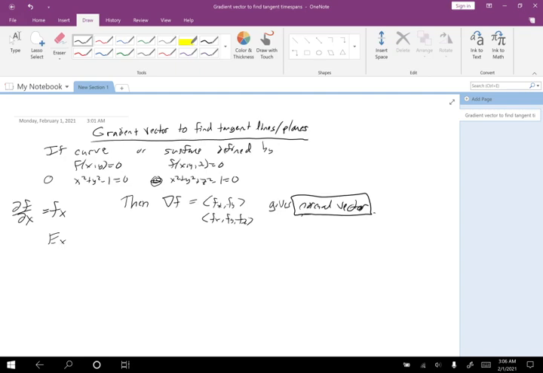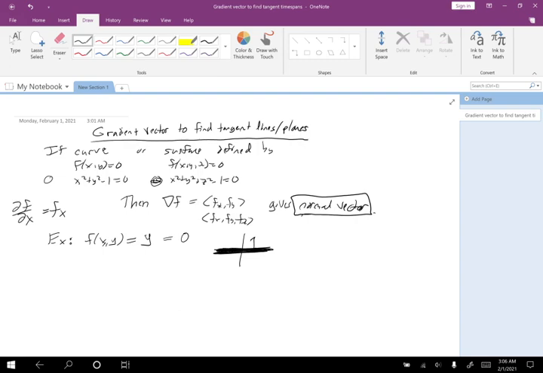So if f of x, y equals y, and we take the level curve y equals 0, then if we just draw this, this dark bolded line is y equals 0.